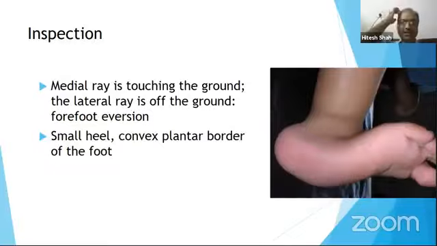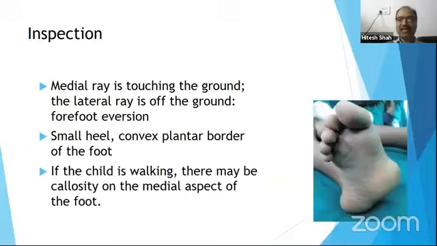It's a small heel, and there is equinus deformity, the heel is small, and a convex plantar border would be there. If the child is walking, you will see big callosities on the medial aspect at the level of the talus. So these are the important inspectory findings, or by look you can make out.